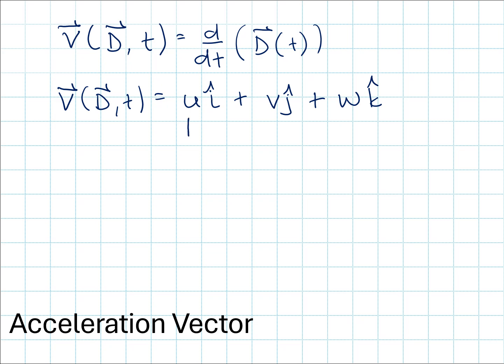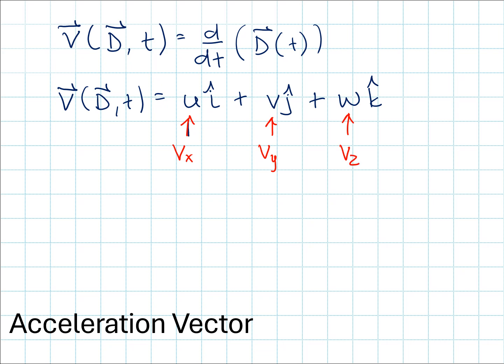So u is my velocity component in the x direction, v is my velocity component in the y direction, and w was my velocity component in the z direction.